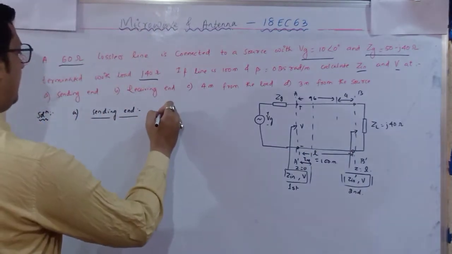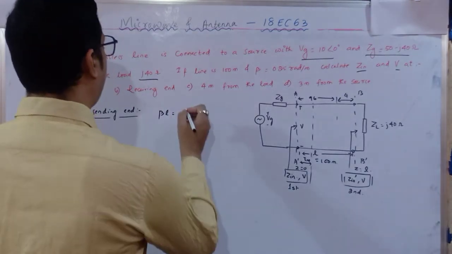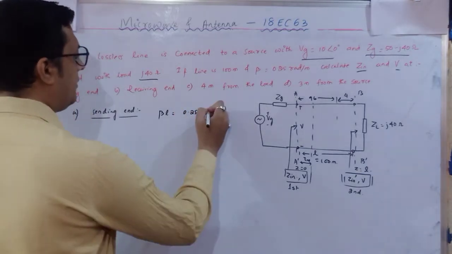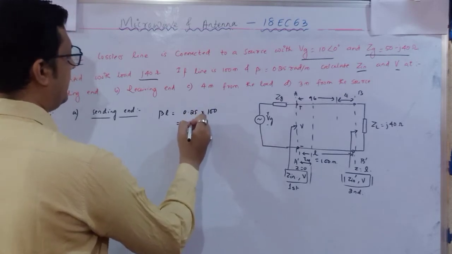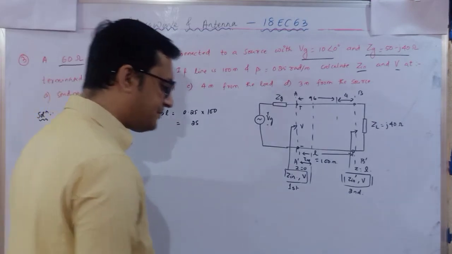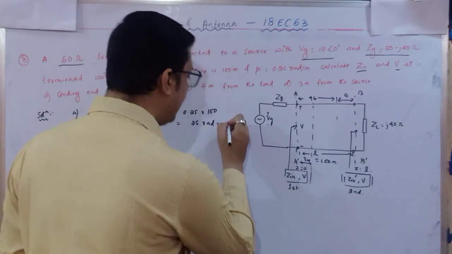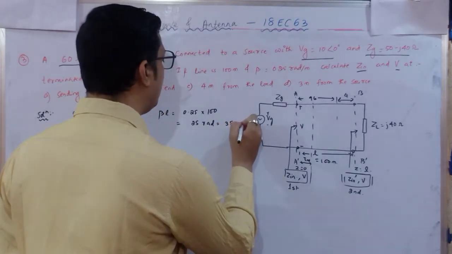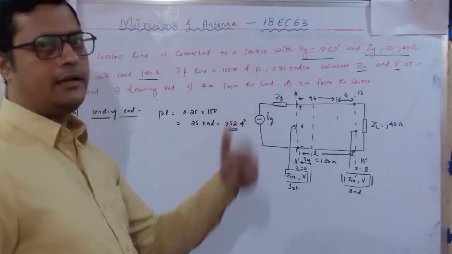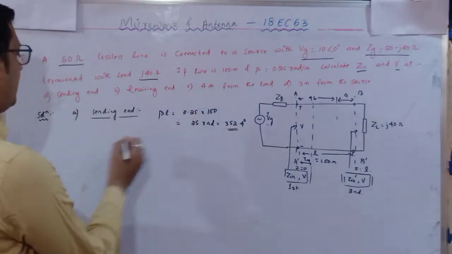First I will calculate beta L. Beta is 0.25 and the length of the line is 100, so we will get about 25 radian, or in angle, 352.4 degree. 25 into 180 divided by pi gives 352.4 degree. So this is my beta L.